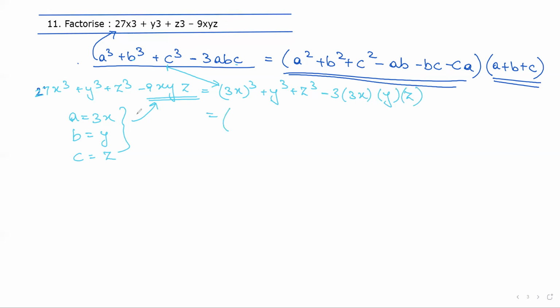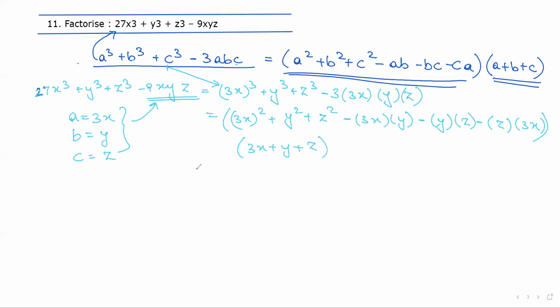Now substituting a, b, c over here: a square is (3x) whole square, plus b square is y square, plus c square is z square, minus ab, 3x into y, minus bc, y into z, minus ca, z into 3x. This is your first factor. Your second factor is 3x plus y plus z, which is a plus b plus c.